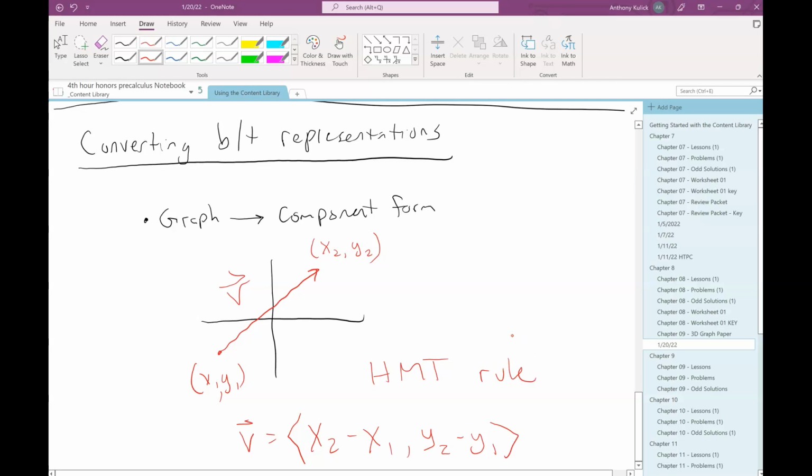Sometimes we call that the head minus tail rule. I've abbreviated head minus tail as HMT there. Because what you're seeing is we're subtracting the x-coordinate of the tail from the x-coordinate of the head, and the y-coordinate of the tail from the y-coordinate of the head.